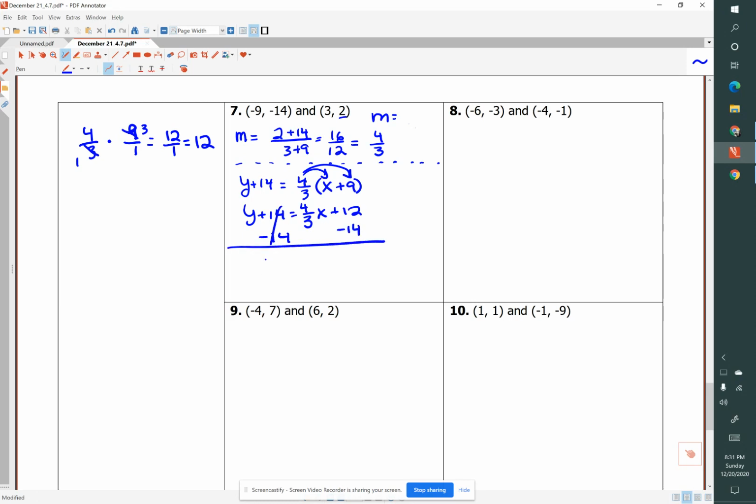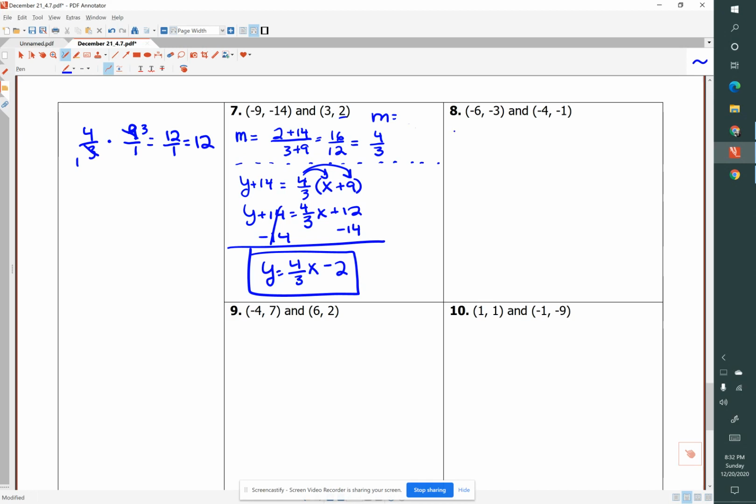Now we have our slope-intercept form of y equals 4/3 x minus 2. And remember, we keep the m value, the 4/3, as an improper fraction. We don't have to simplify that to 1 1/3 in algebra. It's standard practice to keep an improper fraction there.